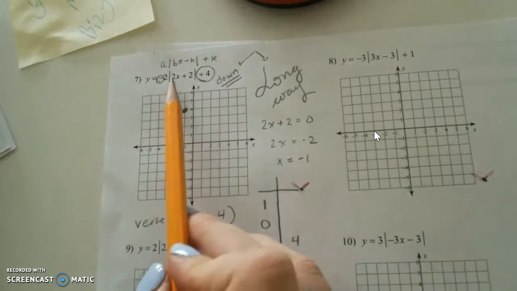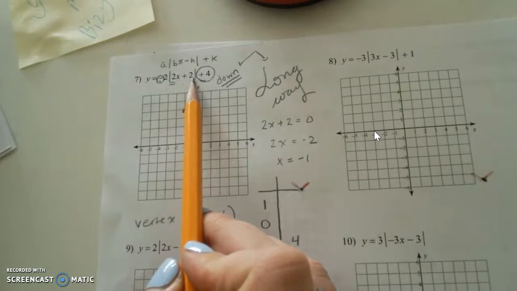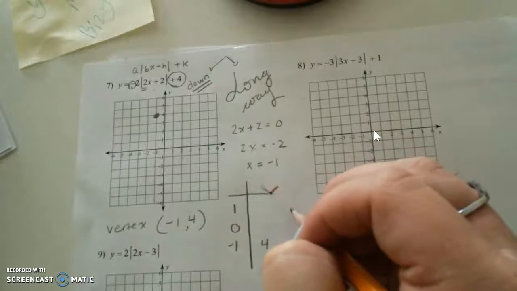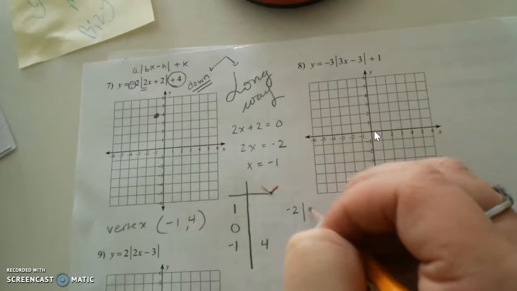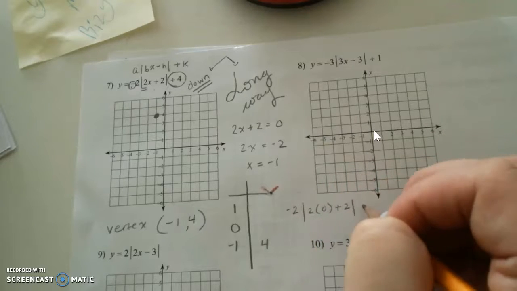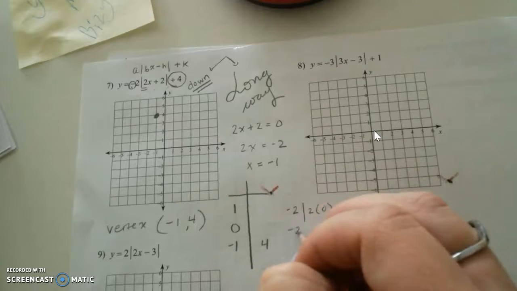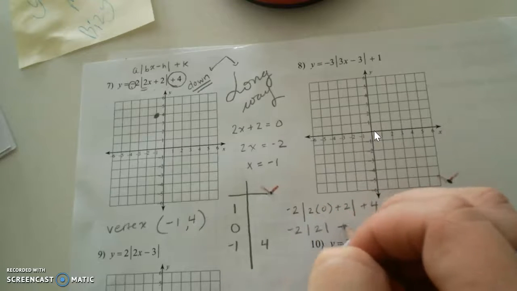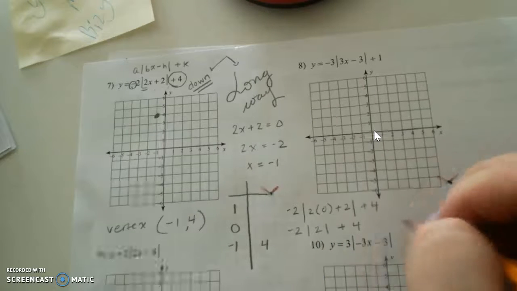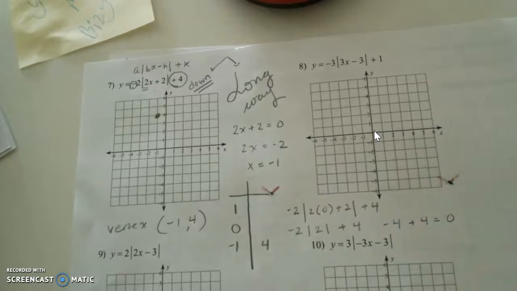So when I plug 0 into here, 2 times 0 plus 2 is going to be 2. Okay, let me do this the long way because this is a longer equation. So we're going to plug in 0. -2 times the absolute value of 2, plus 4. The absolute value of 2 is 2, so it's going to be -4 plus 4, which gives us 0.